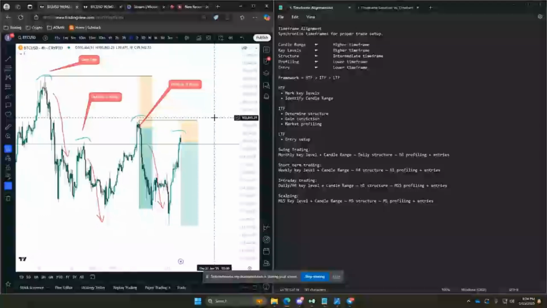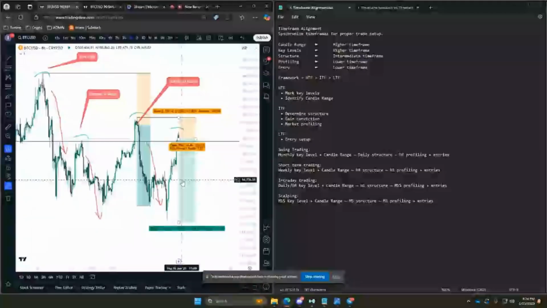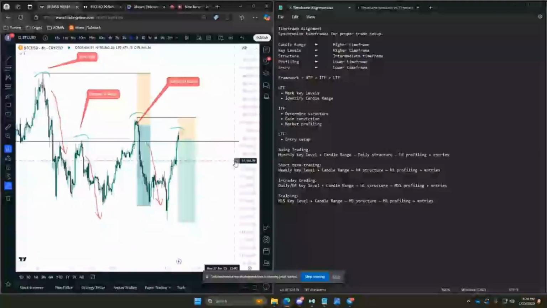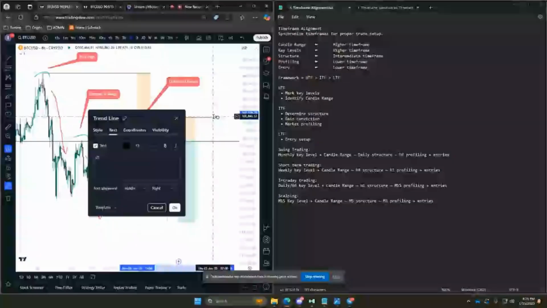And we can see how we notate things. Mark out the key levels and we start working our way down to come up with a game plan. So let's say if we were to enter here, we would just set it and forget it. We would enter a short position and set our stop loss to here.